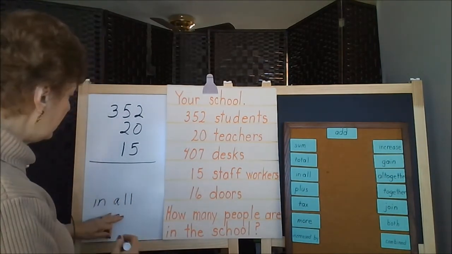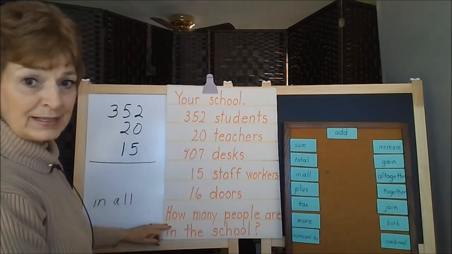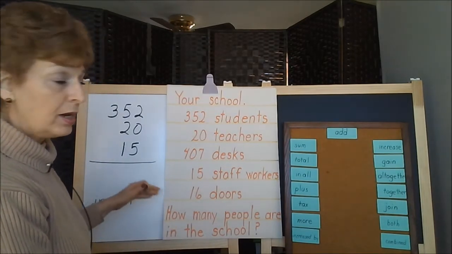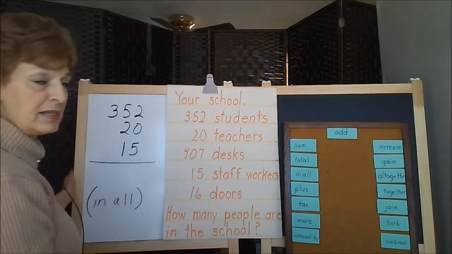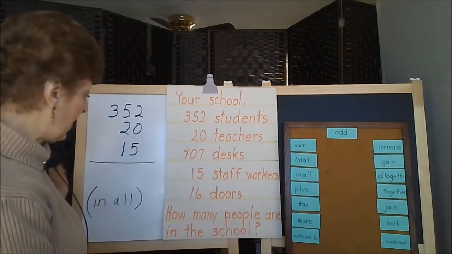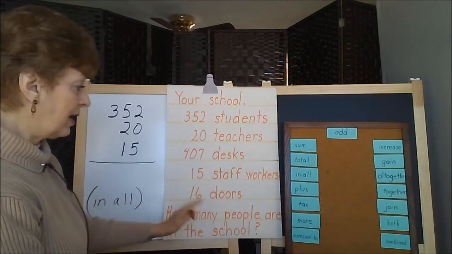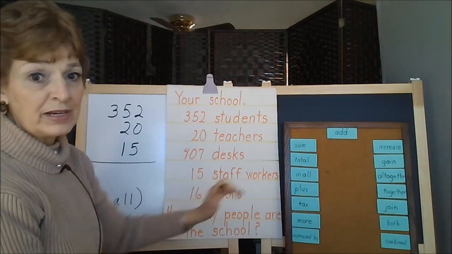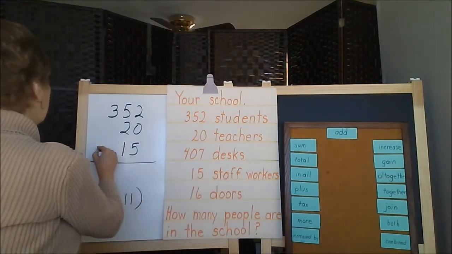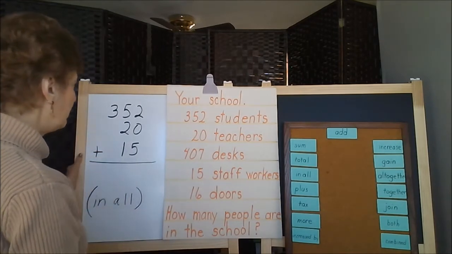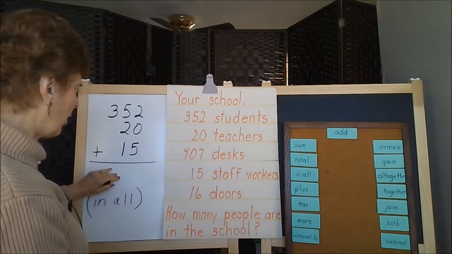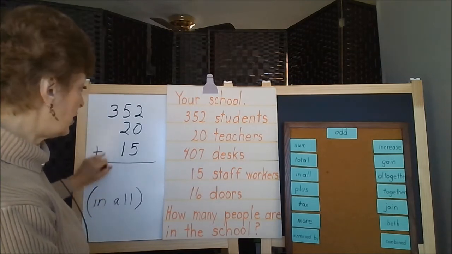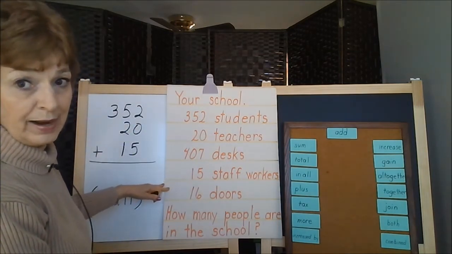But because these words were not in the problem itself, we realized that this was inferred. So I'm going to put parentheses around that word because I know that that is not in the problem itself, but it makes sense to me to have it in the problem. So we're going to add. We're looking for an answer that's going to be bigger at the end because addition gives you a bigger answer.